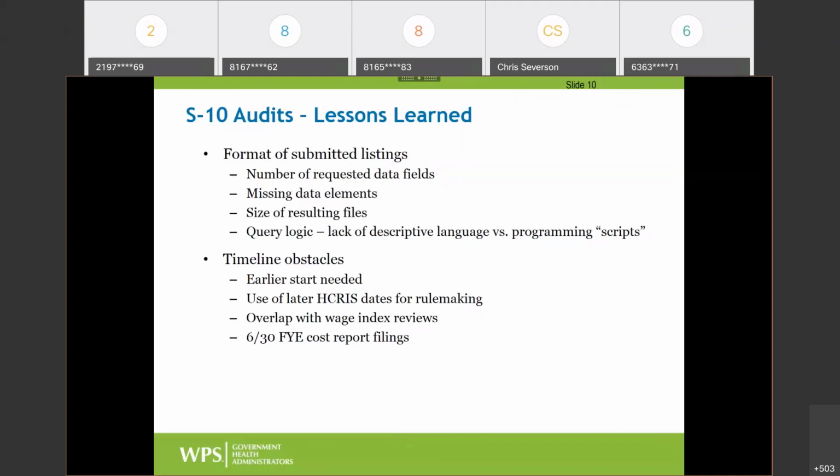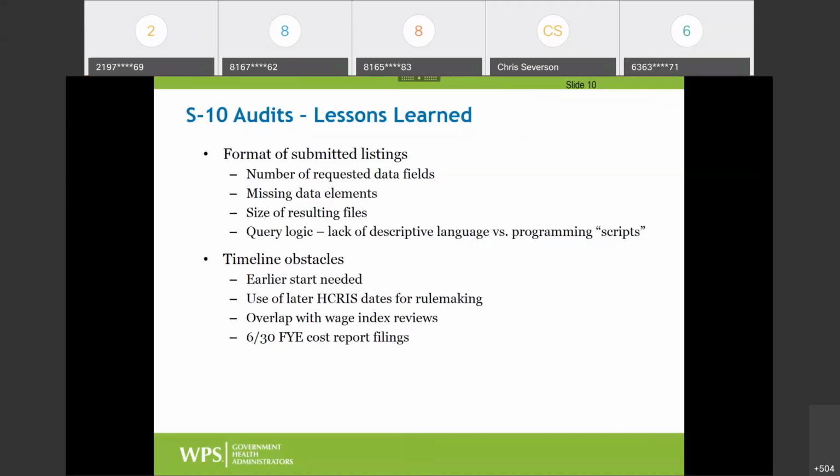But in terms of these audits, and trying to make the process go smoother and allow some automation on both sides, it is really critical to the extent you can to get us as much of that information as possible. So great question. We could probably move on to the next slide, Chris.